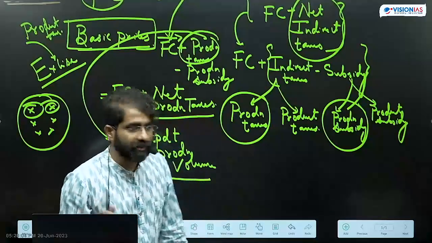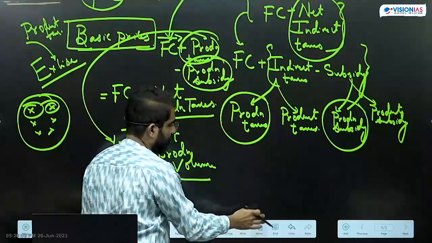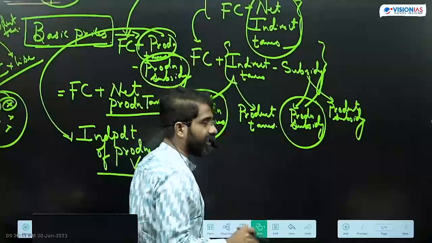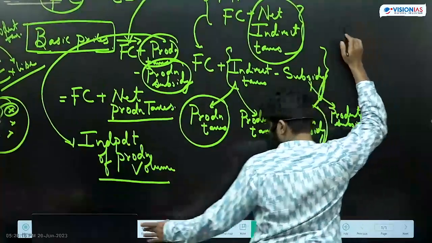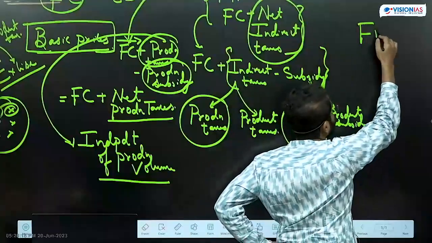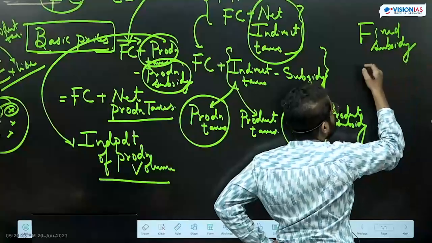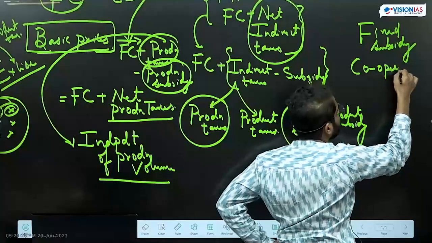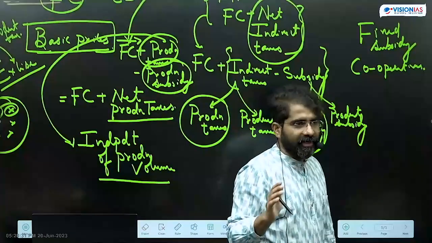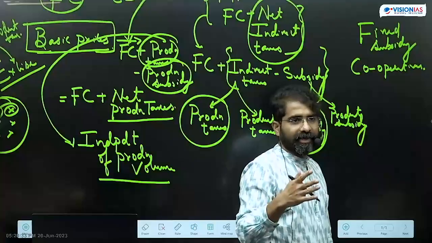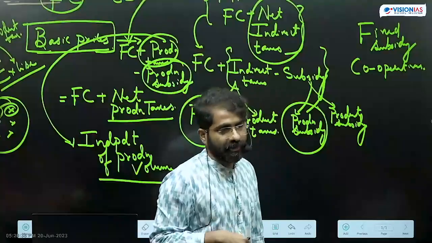Is that okay? Then similarly, production subsidy. Production subsidies are those subsidies which are again independent of production volume. For example, government is giving a fixed amount of subsidy to farmers, or to cooperatives, like milk cooperatives. Or for textiles, a fixed amount of subsidy.